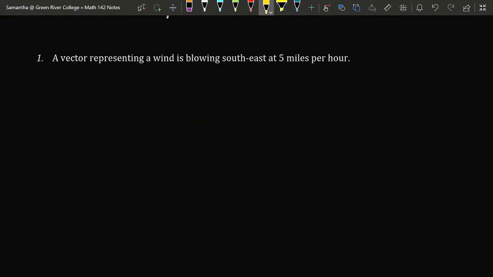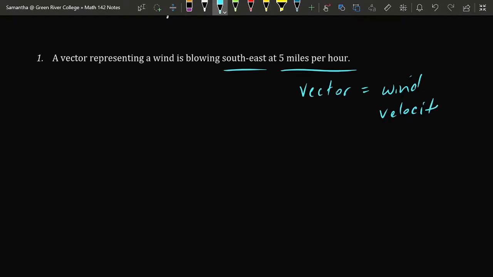Finally, let's draw an arrow which represents a wind which is blowing southeast at 5 miles per hour. Because they're describing to me the direction of the wind and the speed of the wind, the vector in this case that combines these two pieces of data would be the wind's velocity, to employ the physics language.